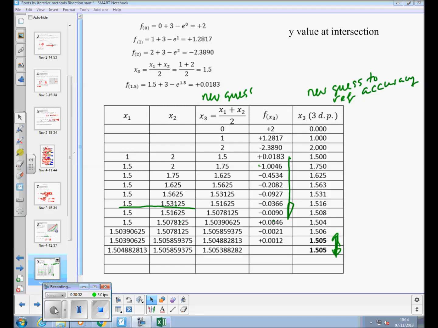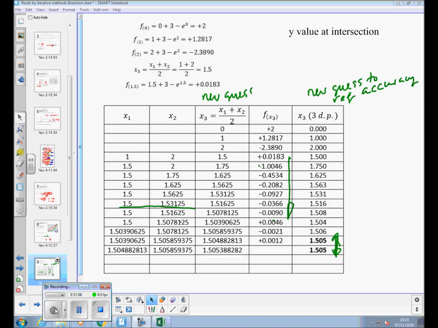Like Simpson's rule, you have to have an odd number of data points, otherwise you can't use it. Newton-Raphson's method is fine, as long as you can differentiate the function. If you can't do that, then you have to resort to the bisection method. But it's fairly easy to put a spreadsheet together and spot the changes from positive to negative and get a spreadsheet or a piece of software to actually do that very quickly. That's what your calculator is doing.